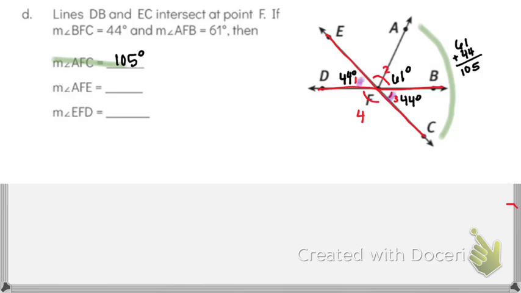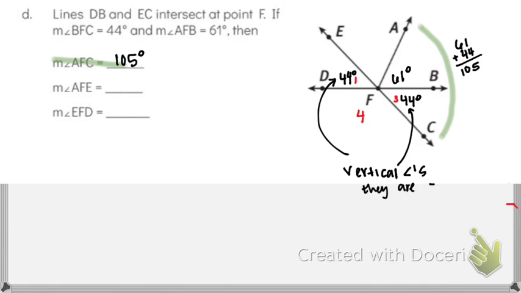Now, we're going to make a note of that on this side, just so you can have it for use in the future. These two right here, and I'm just going to go ahead and label them, are vertical angles. And we're going to make a note for ourselves: they are congruent.